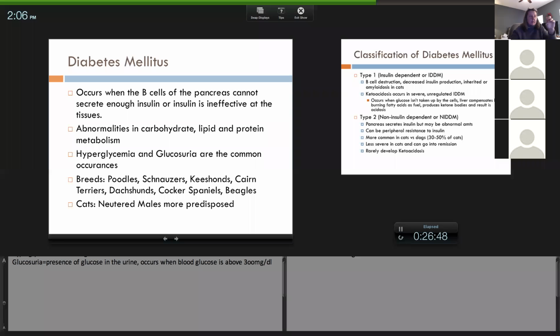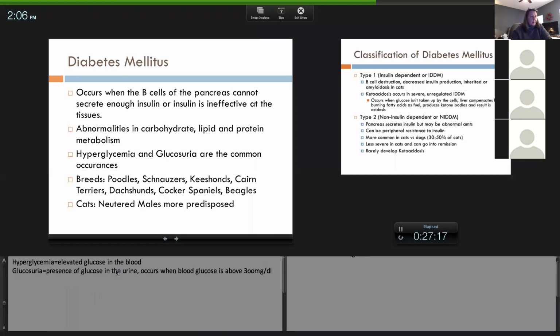And so you start to get abnormalities in carbohydrate, lipid, and protein metabolism. You're going to see a problem in them metabolizing what they need from their diet. And then the number one thing we look for is hyperglycemia, which is, of course, elevated glucose in the blood, or you see glucosuria.